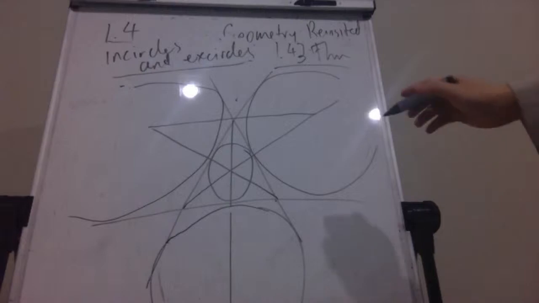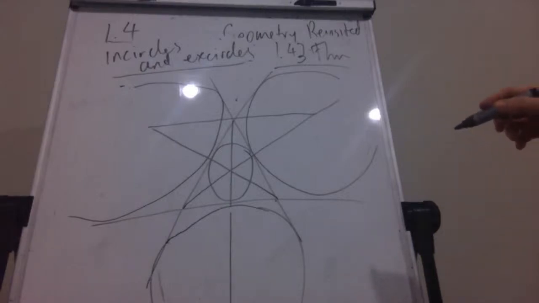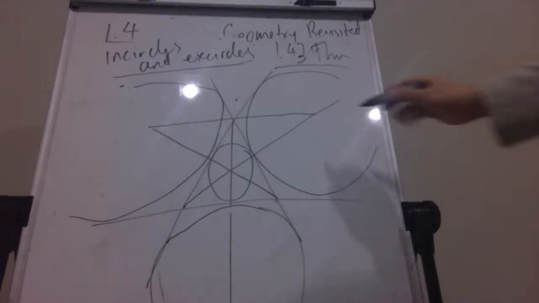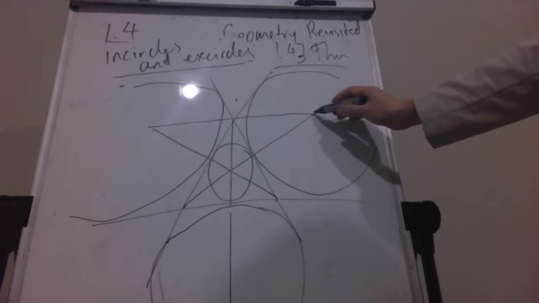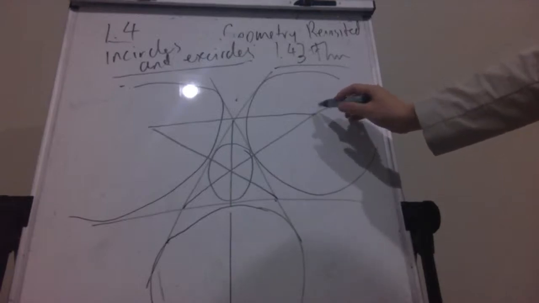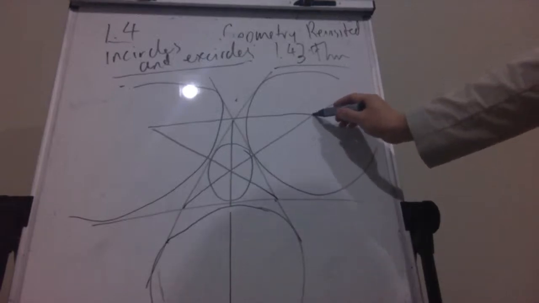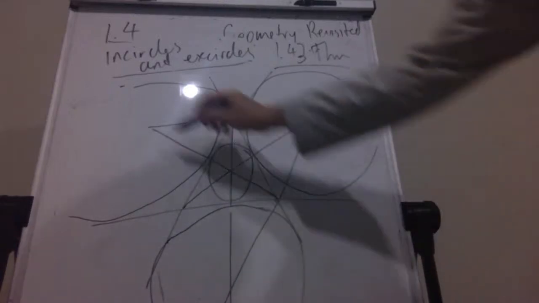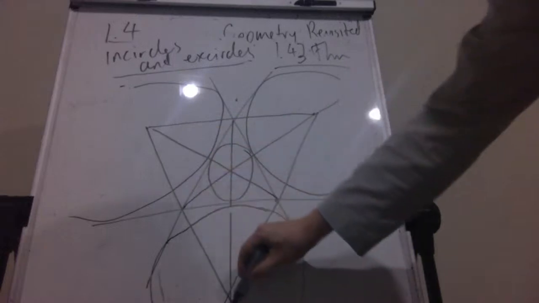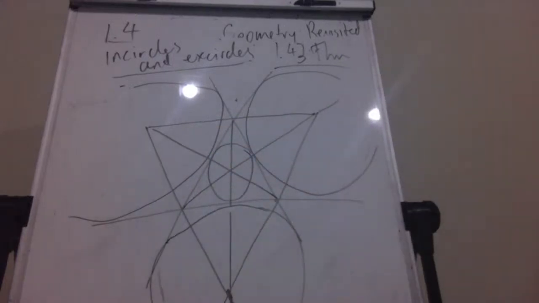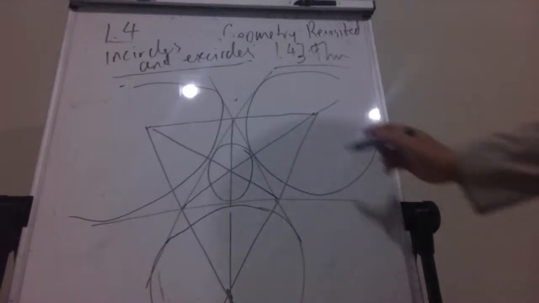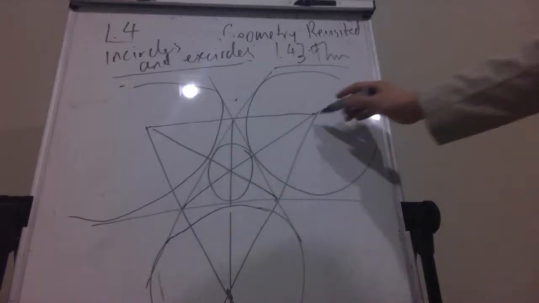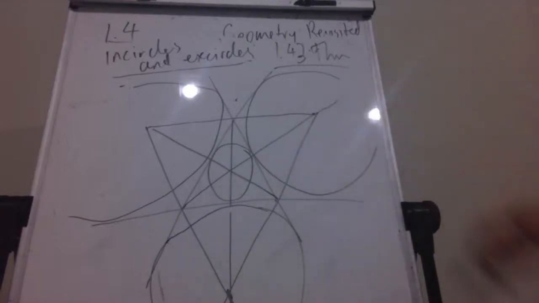And then I guess what the theorem is saying is that they actually meet at the same point as the internal bisectors. If you join, you have this triangle, like that, and they meet at the center of the excircle.